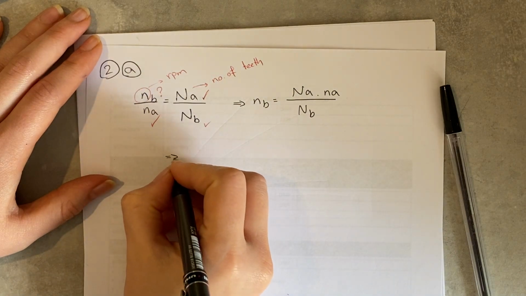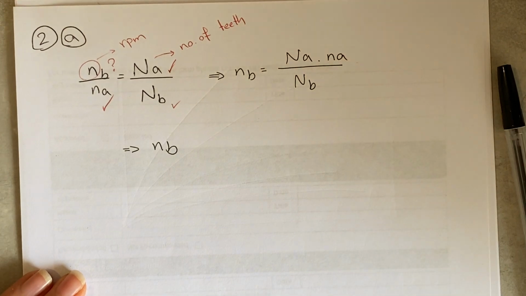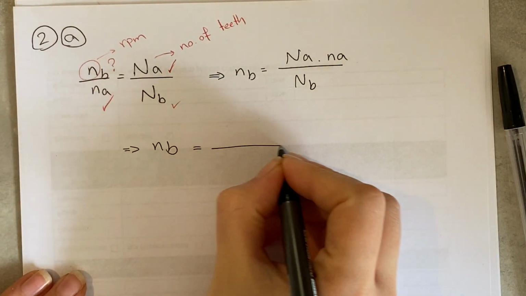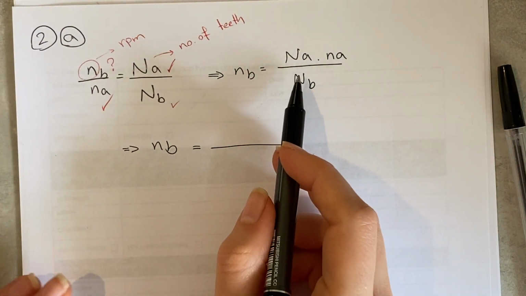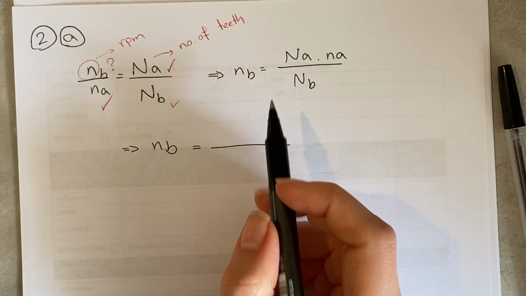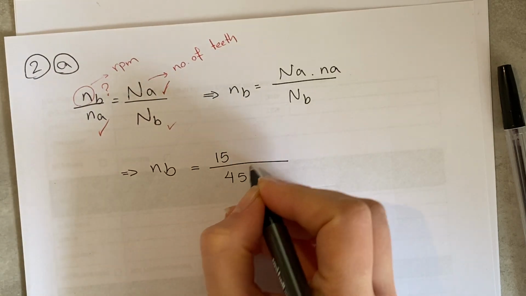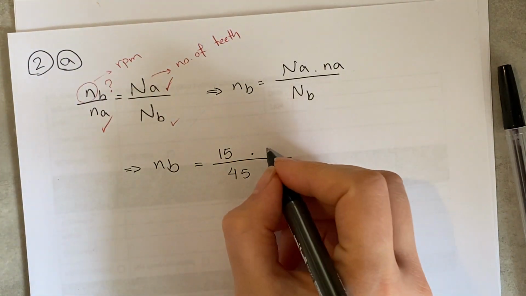So from here, how many teeth are in the gear which sits on shaft A? It is 15 over 45 times 1200.